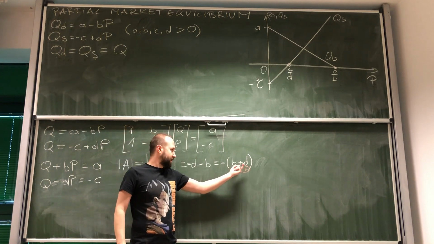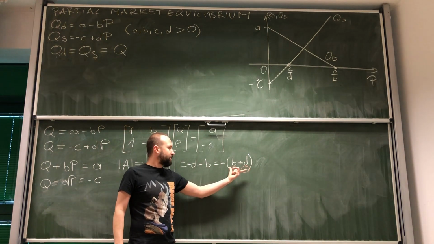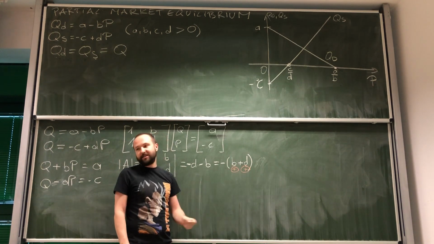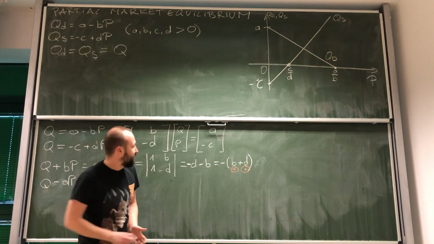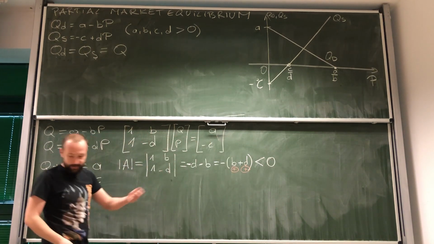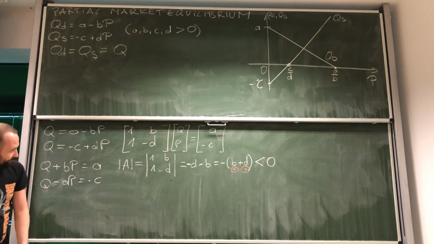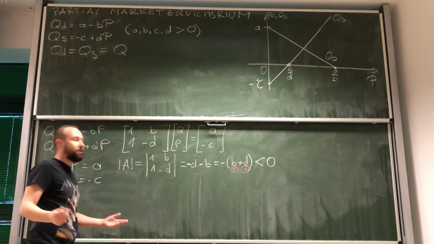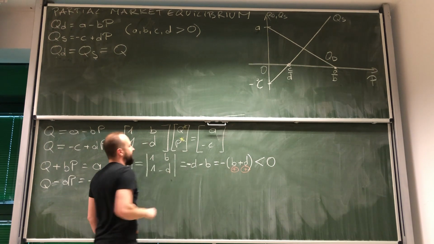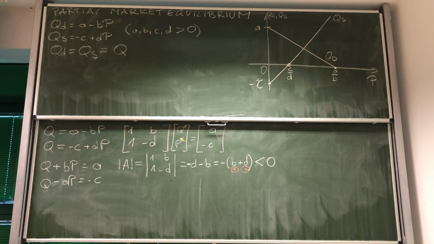So they are both positive. When we add two positive expressions, it remains positive. We put the minus in front. This is clearly negative. And because this is negative, we know it's different than 0. So we know that the solutions exist.